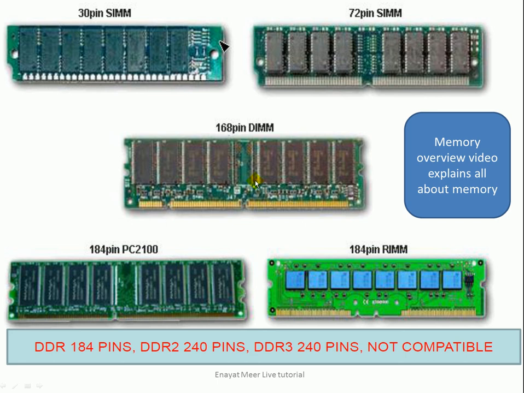This one is a little bit old memory, but when 184-pin DDR came, it was replaced, and later on you have a 184-pin Rambus or RIMM memory with 2 notches here, and DDR shows you 1 notch over here. And then after that we have 240 pins, which I showed you in the previous slide. Then this is DDR3, again 240 pins like DDR2, but not compatible with DDR2.